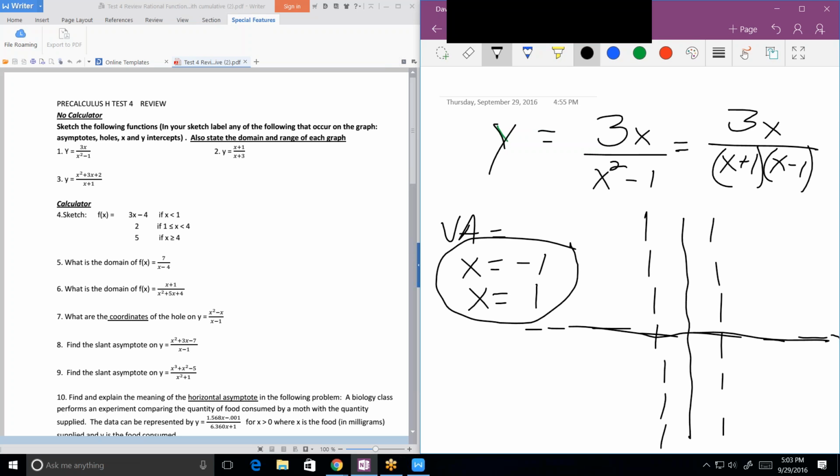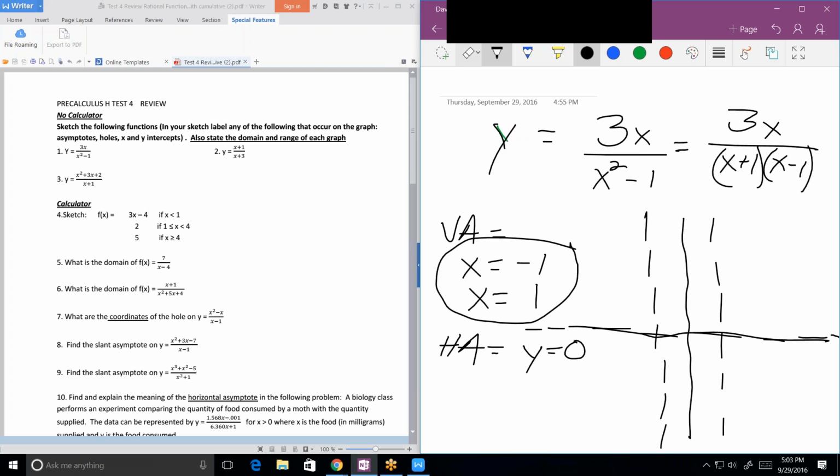Okay, so let's list that. Horizontal asymptote is y equals 0. Are there any holes? No. Okay.